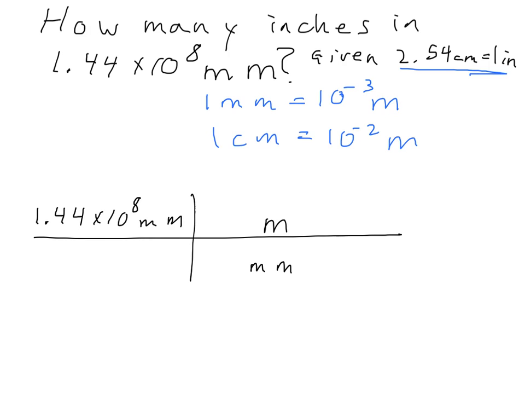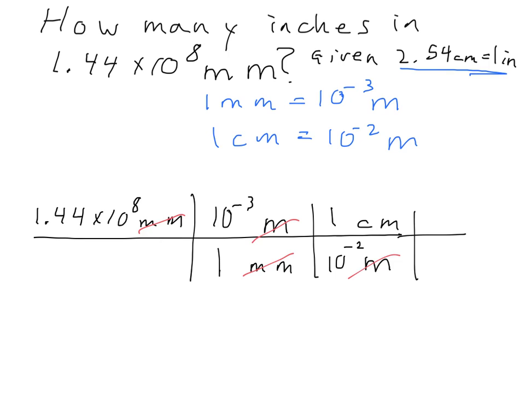The relationship to meters. 1 millimeter is 10 to the -3rd meters. I don't want millimeters. I want meters. I don't want meters. I want centimeters. And I know that 1 centimeter is 10 to the -2nd meters. So I place meters where they cancel out.